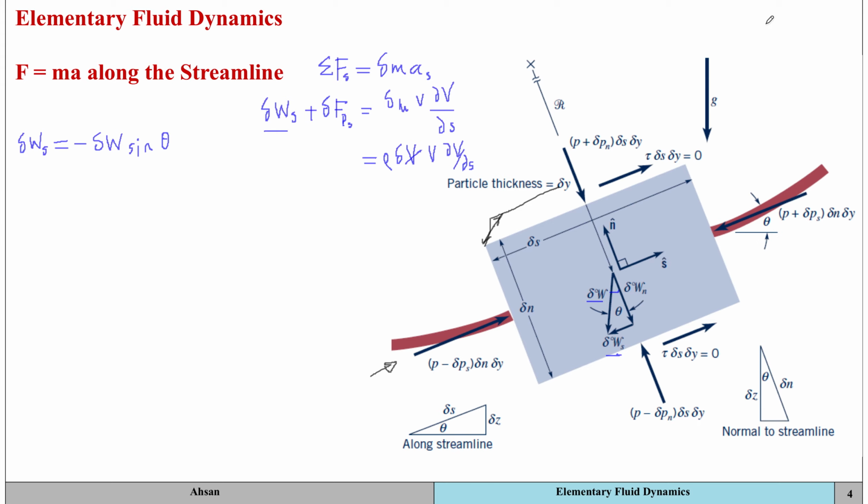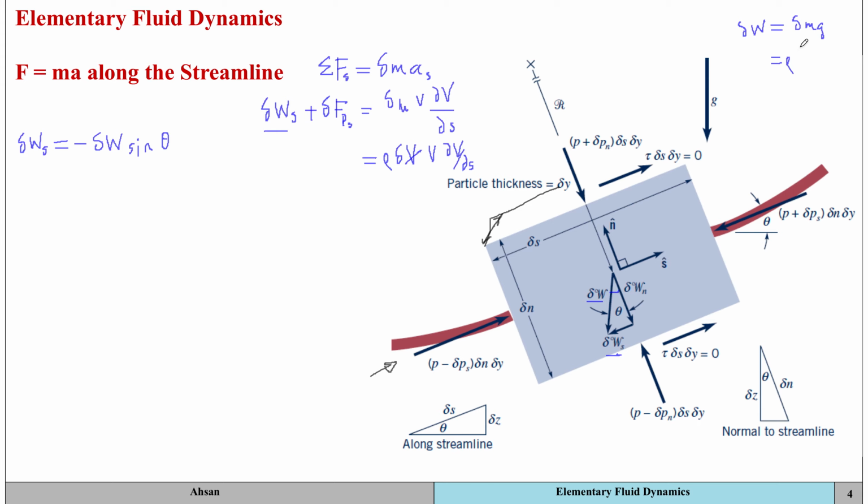And we can simplify this further as well, because we know that weight is given by mg. So if I've got the differential weight, then I'm going to have the differential mass multiplied by g. And then here I can substitute mass again using the fluid density definition.